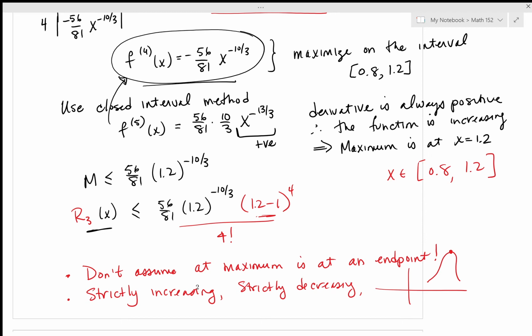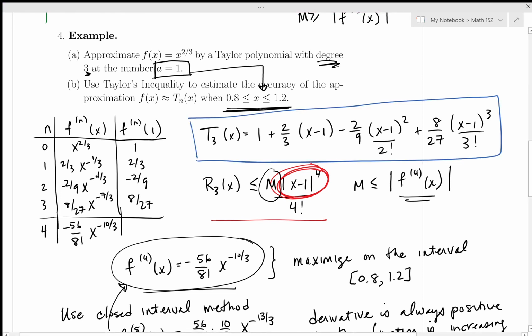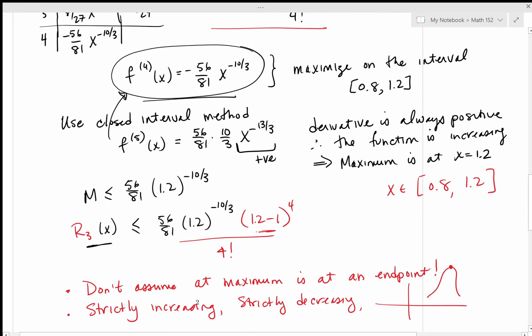Okay, so now we could use our T3 polynomial here that we computed. This is what we're doing. We could use this to approximate this in this interval, and we'll guarantee you that the error between what we tell you the number is and what the actual number is will be no more than this.